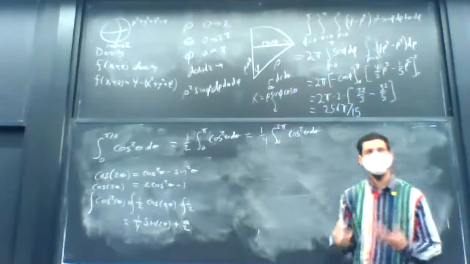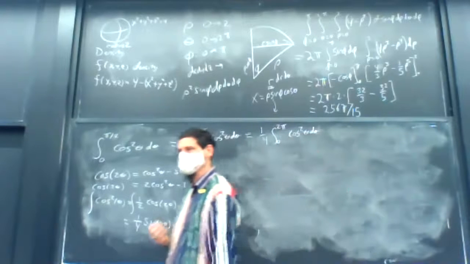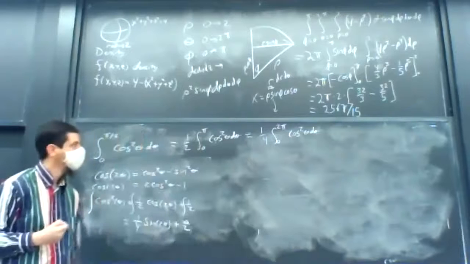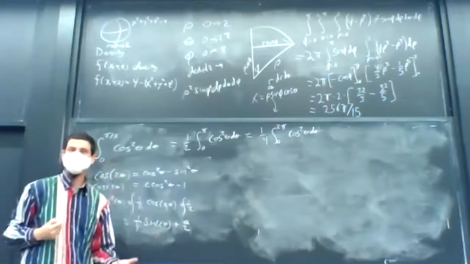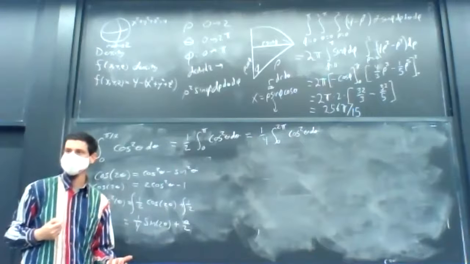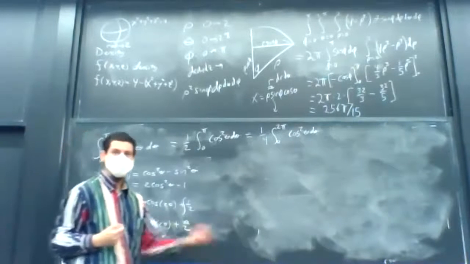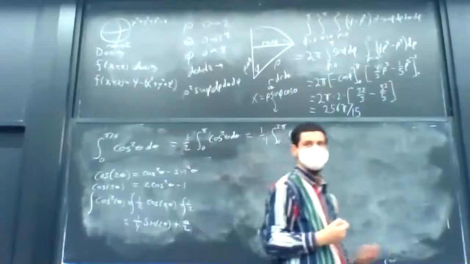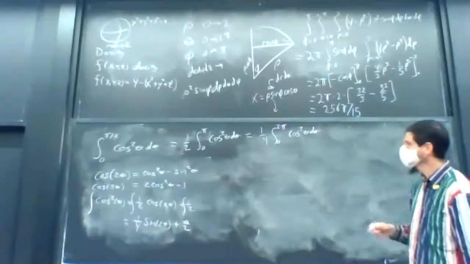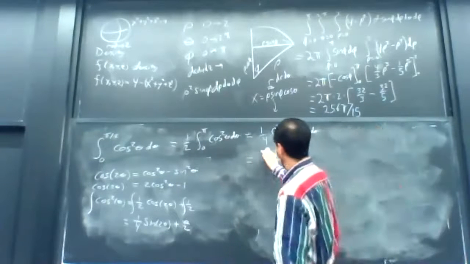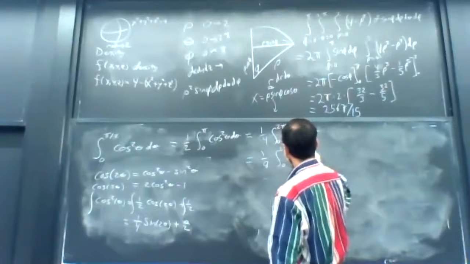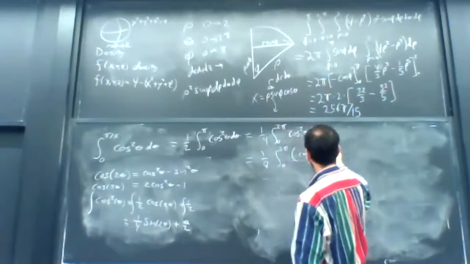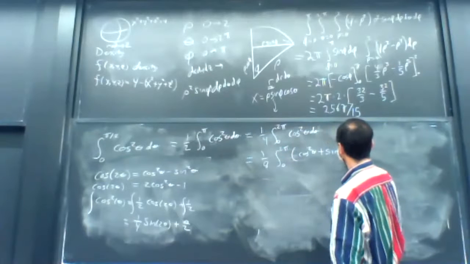And what's nice is I'm squaring cosine, so I don't have to worry about the negatives. But the integral of cosine squared over a whole period is the same as the integral of sine squared over a whole period, because sine and cosine just differ by a phase shift. So this would be the same as 1/8 the integral from 0 to 2 pi of cosine squared theta plus sine squared of theta.